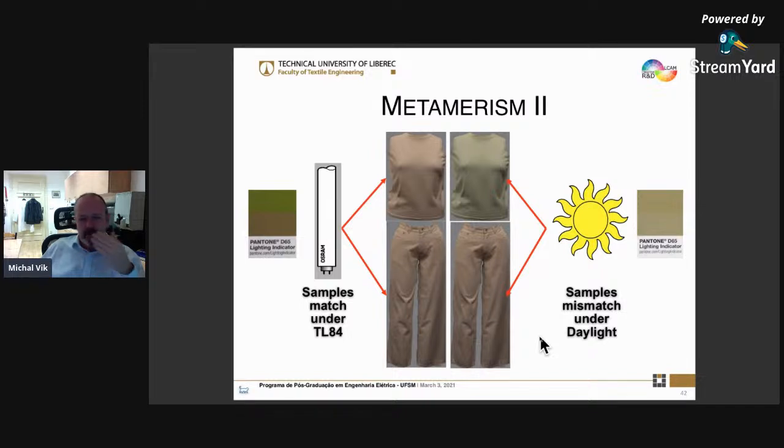And you can see under the tri-band lamp that these two goods appear similar. But if you go outside of the store, you can be badly surprised because your sweater appears much different in comparison to your trousers. And that is the effect of metamerism, which is not only a problem of the textile industry, but also of other color industries.